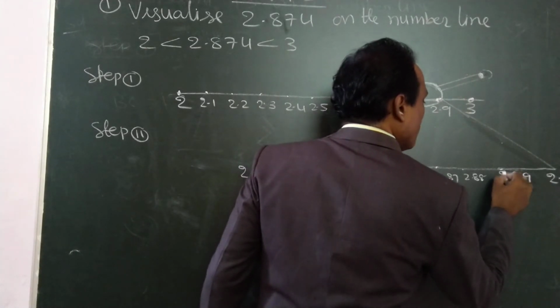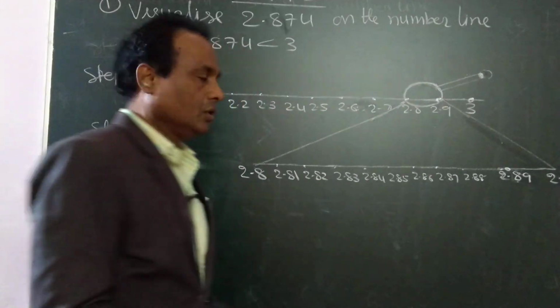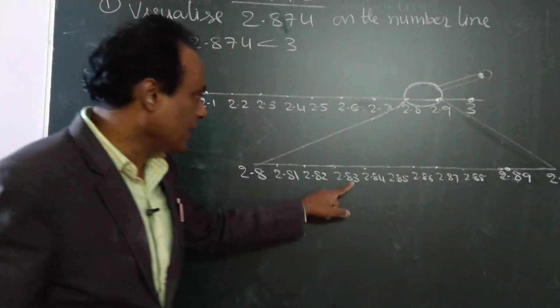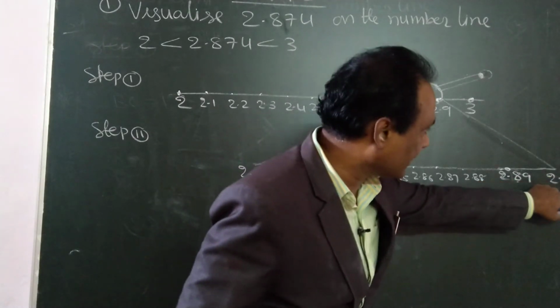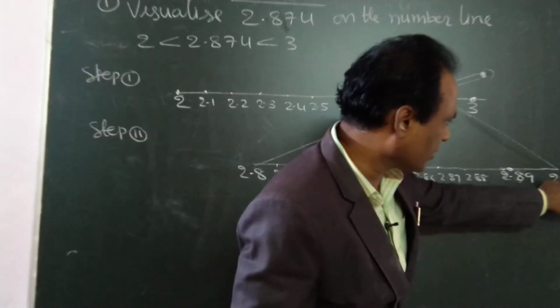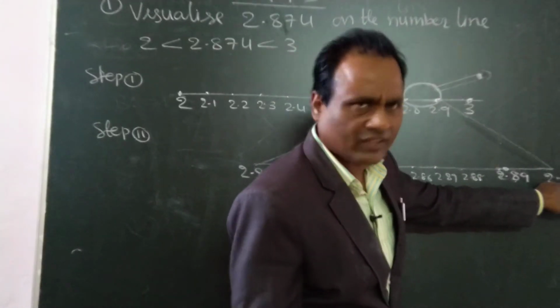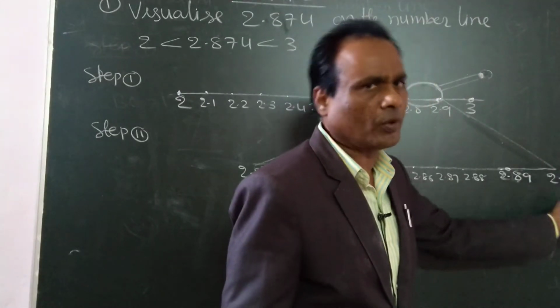After that 2.9. 81, 82, 83, 84, 85, 86, 87, 88, 89, 90. 90 means the same as 9. After that we don't write 0. 2.90 or 2.9, both are the same.